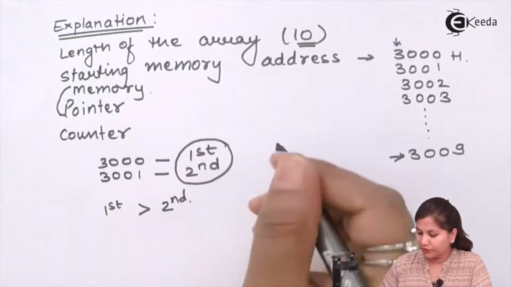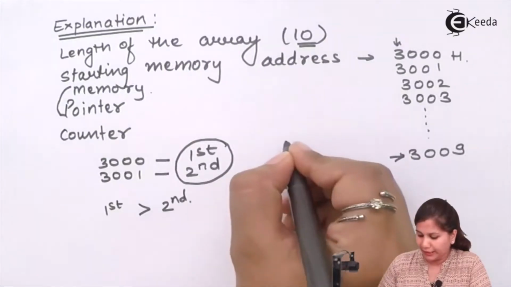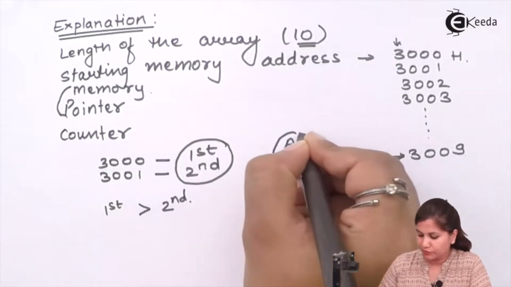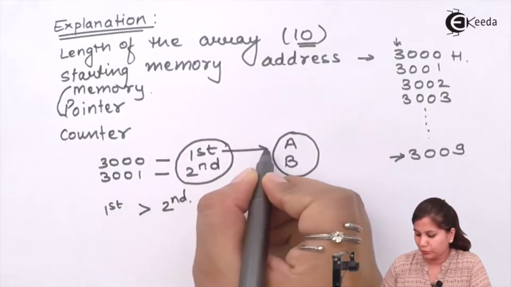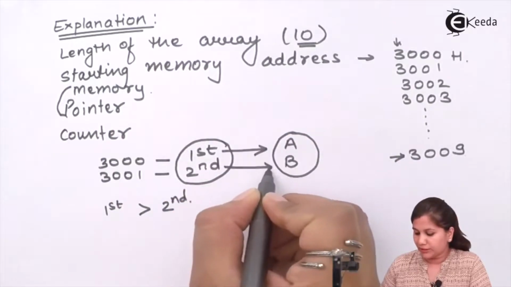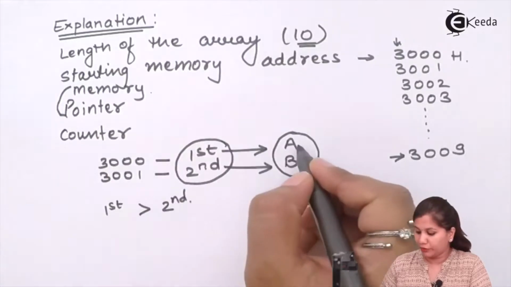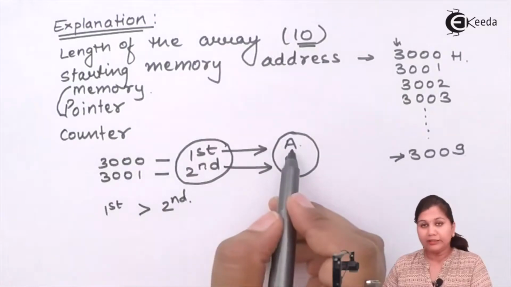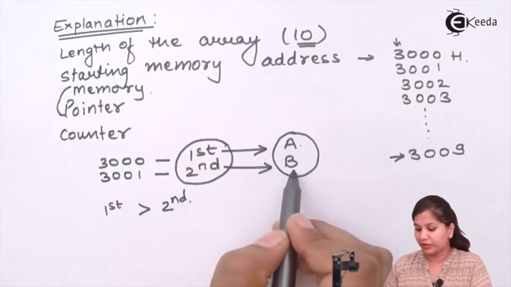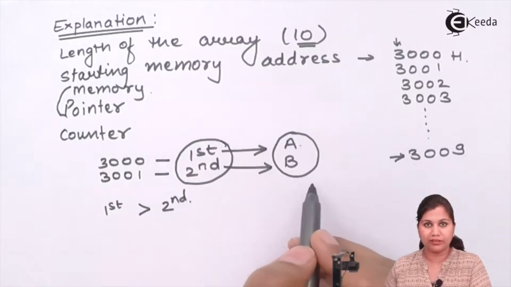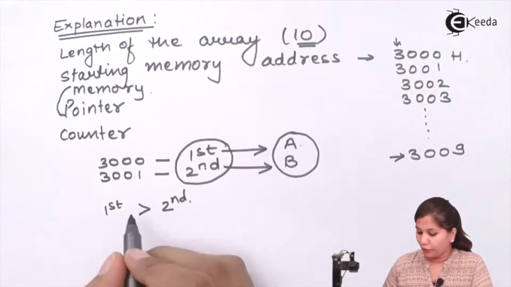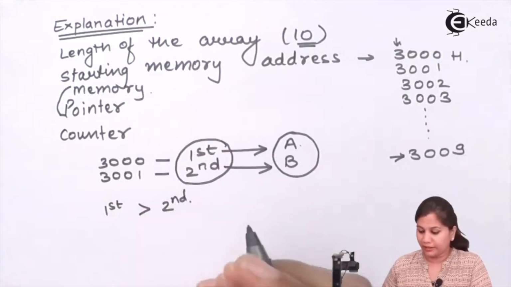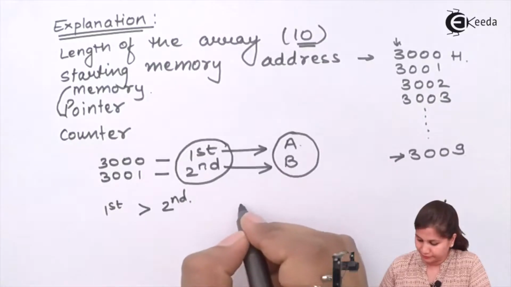We will use two registers, A and B. We will move the first number into A and the second number into the B register. We are going to compare these two registers. Suppose we find that the number in the accumulator is greater than the number in the B register.